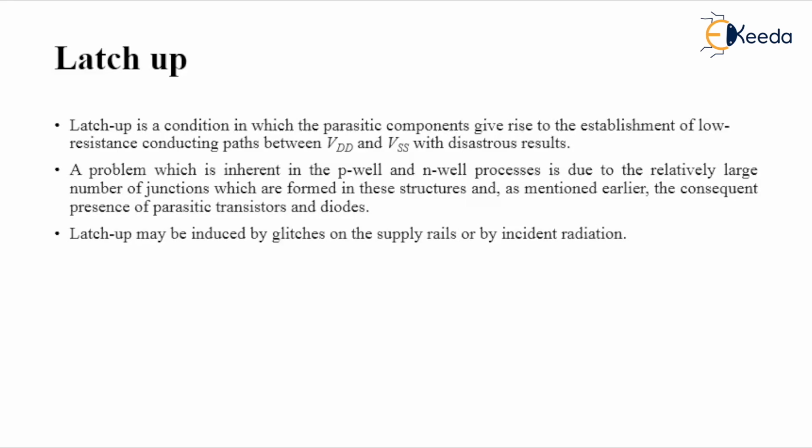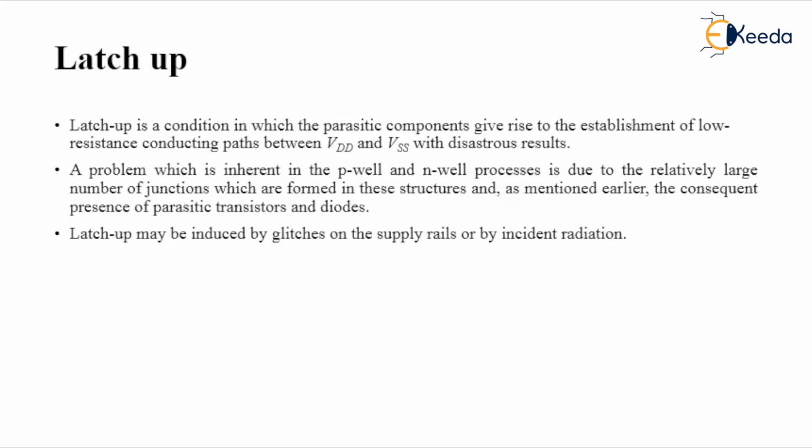Parasitic capacitance means the capacitance offered by the MOSFET, which will be in the order of picofarads, that is 10 to the power of minus 12, or nanofarads, which is of the order of 10 to the power of minus 9. So it is negligible, but this negligible one also affects the CMOS inverter action. So that is latch up.